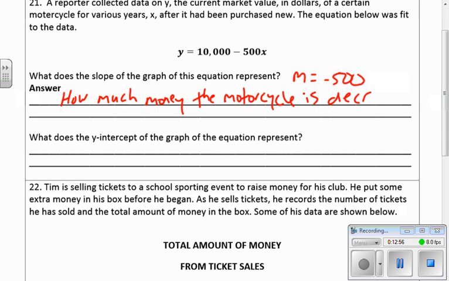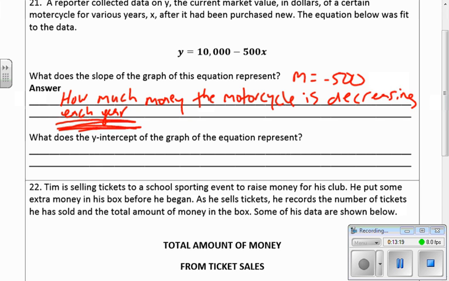And now here's the important part: each year, or per year. You need that phrase because it's a slope. X is the number of years, various years X. So you need to write each year, per year. You also could have written the motorcycle drops in value $500 each year. You could have been specific.